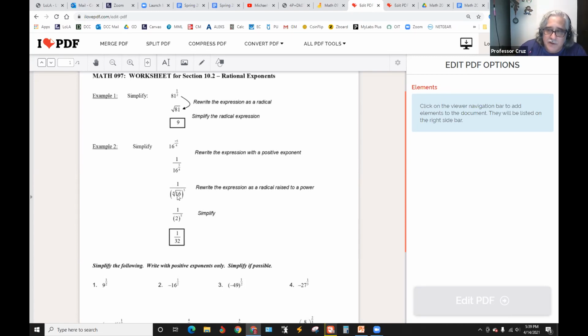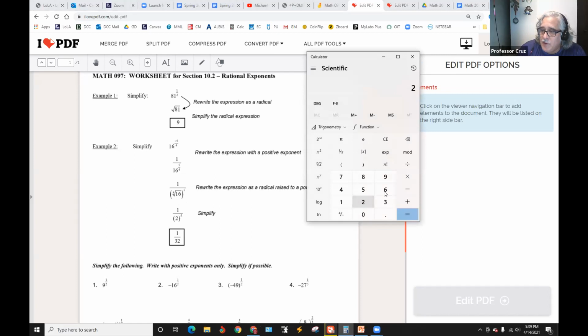Technically, we could have put the 16 to the 5th power on the inside, but that's going to be a really huge number. I would rather not go that direction, so that's why I want to go ahead and take the 4th root of 16 first. So 4th root of 16 is 2. 2 times 2 times 2 times 2 is 16.